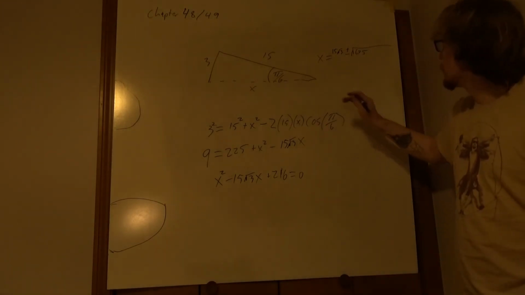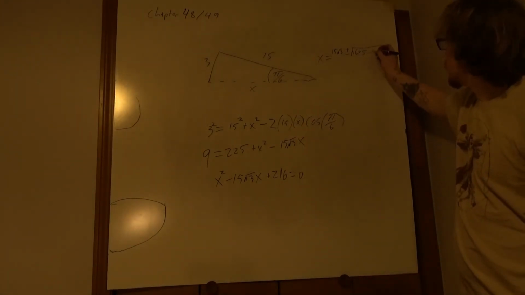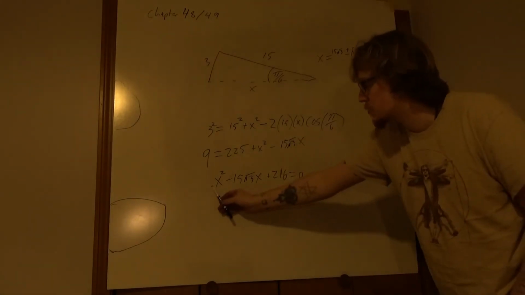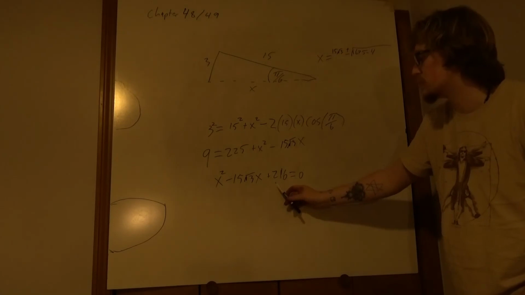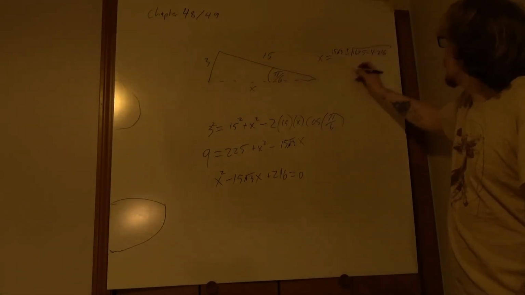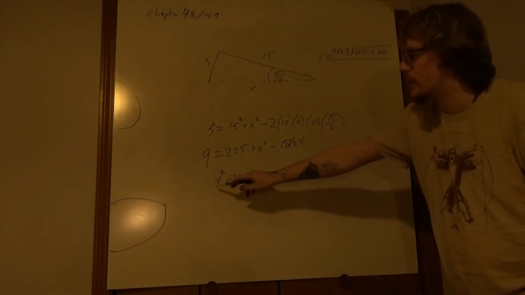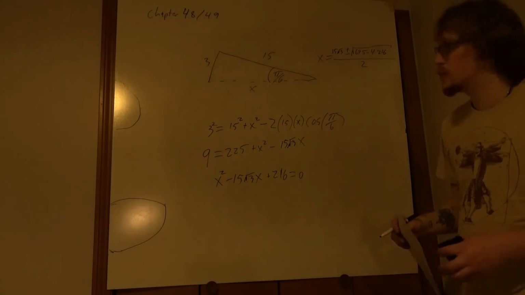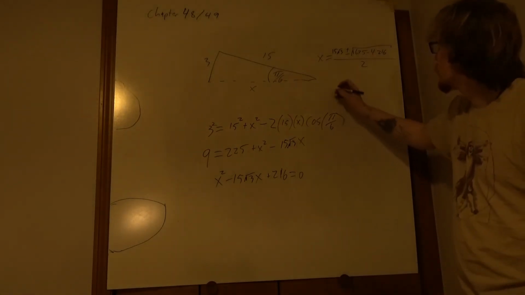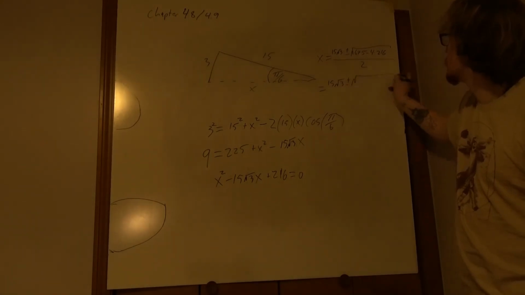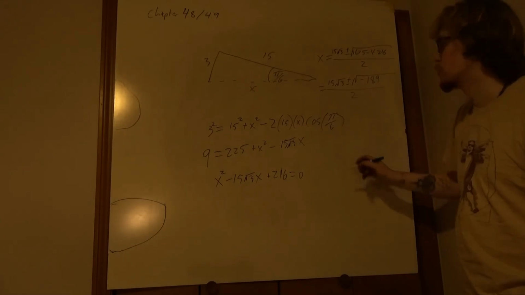Then we have to subtract 4 times a times c. So in this case, a is 1 and c is 216. And then we have all over 2a, again, a is just 1, so this is all over 2. However, we are about to run into a fairly significant problem. This is the same as 15 root 3 plus or minus the square root of negative 189 all over 2.